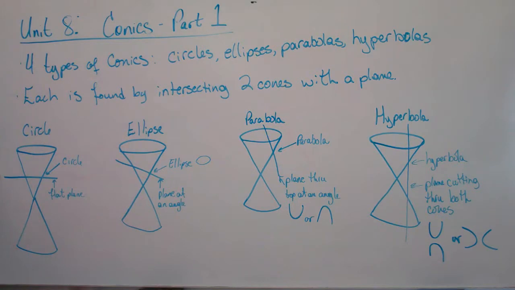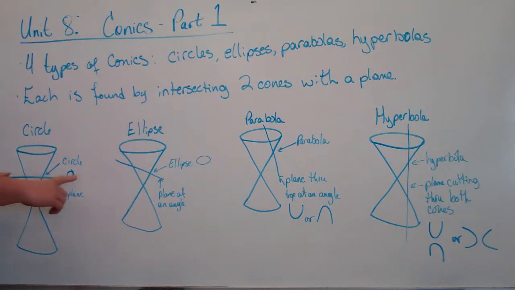Now, if you were to take a flat plane, that's what this line represents, and run it horizontal, parallel to the base of the cone, and then slice it and pick it up and look at it, you would get a perfect circle. I can't draw a perfect circle.